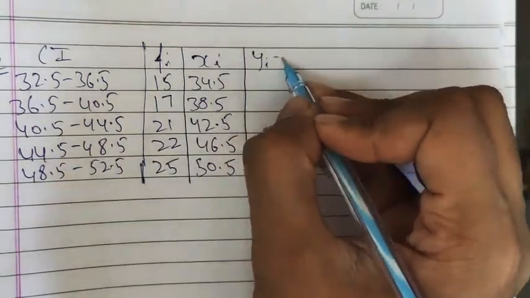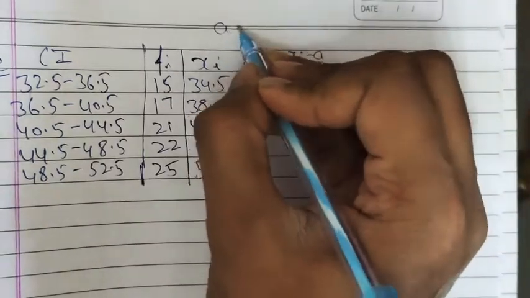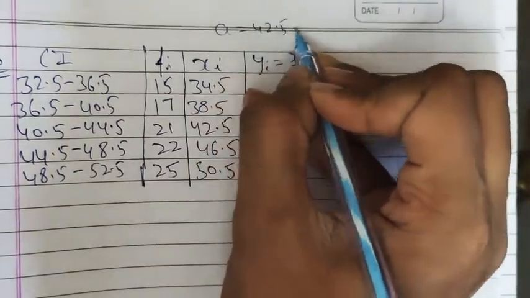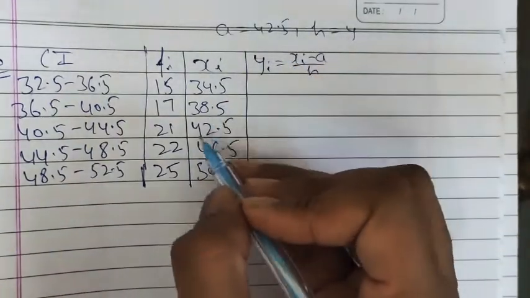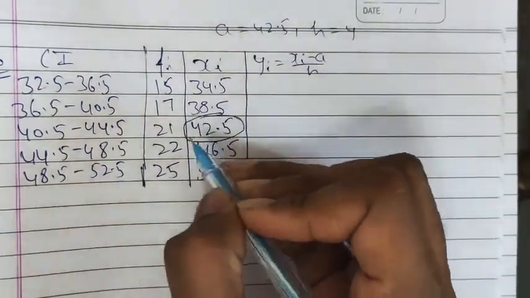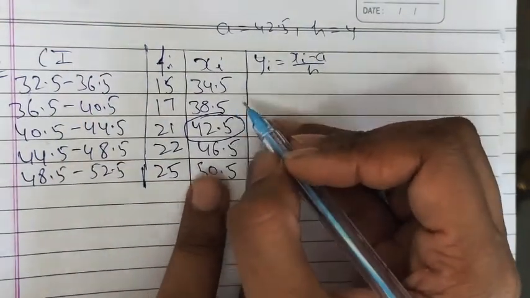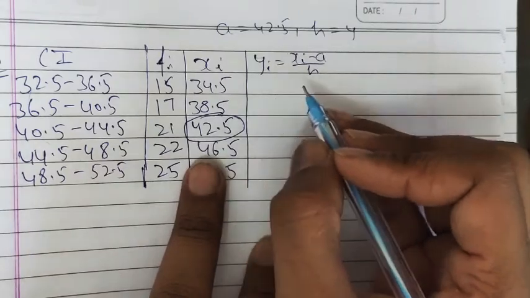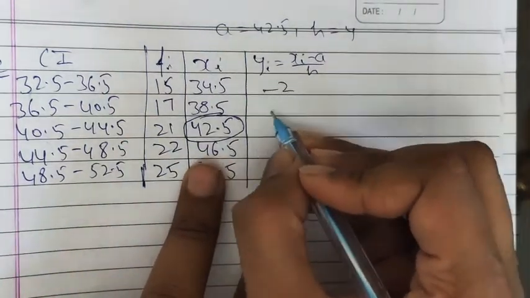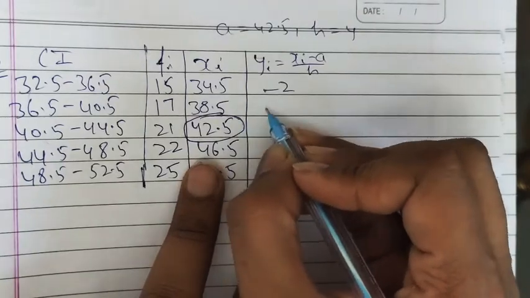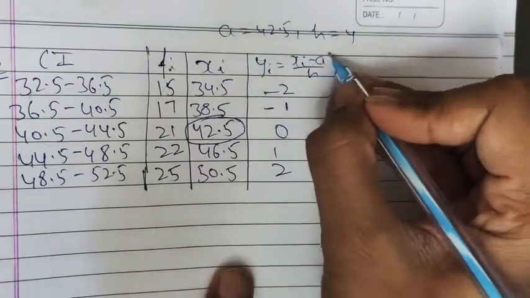So yi is equal to xi minus a upon h. The a value is 42.5, h is 4, right? The a value is 42.5 because this is the centermost term and h is the gap between these two. So yi will be 34.5 minus 42.5 divided by 4, which will be equal to minus 2. Then the values will be minus 2, minus 1, 0, 1, 2.